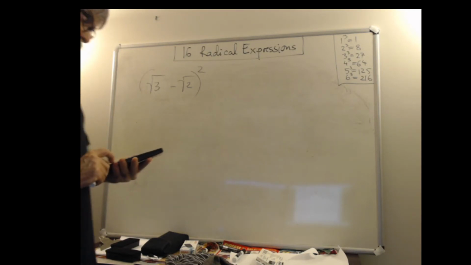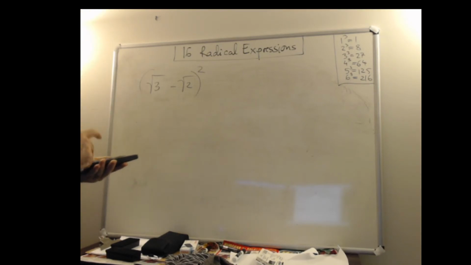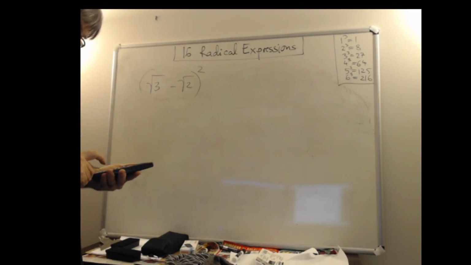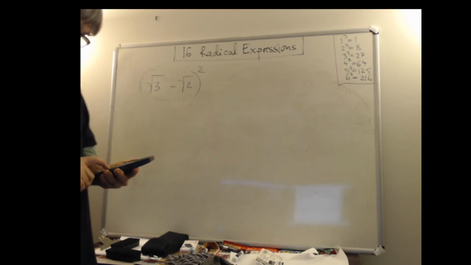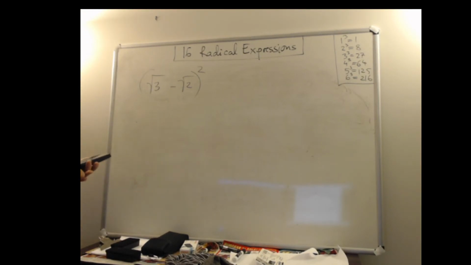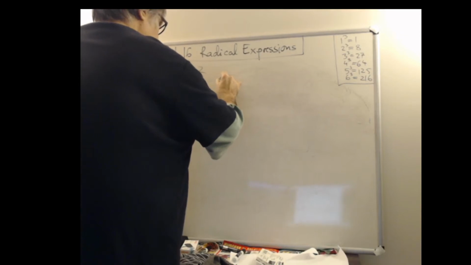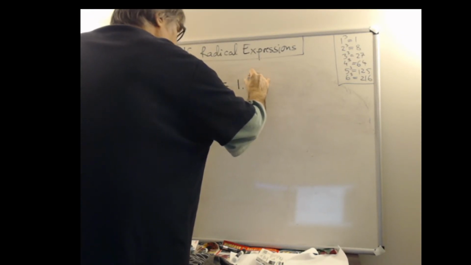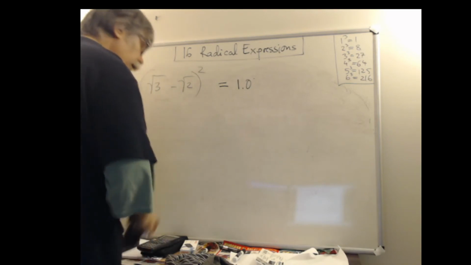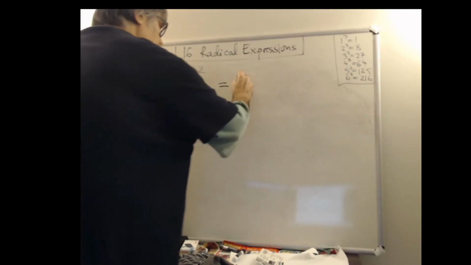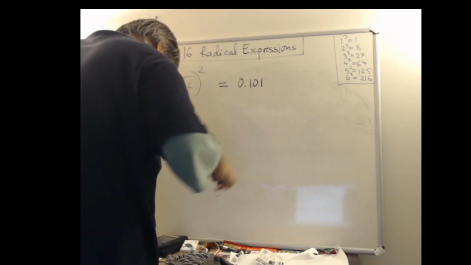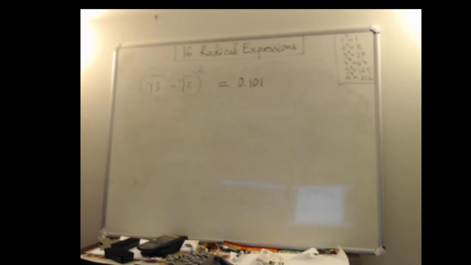So I get something, 1.73205, blah blah blah, minus, and now I have a 2 with the radical, and I get the answer when I subtract, and then I have to square it, and I get something like 0.1, oh, looks like I don't even have the 1, I just have the point. That's what my calculator says, and there's more there, so it's another 0 and so on. So you're going to write it like that, and you're going to say, okay, I have it. No, you don't.